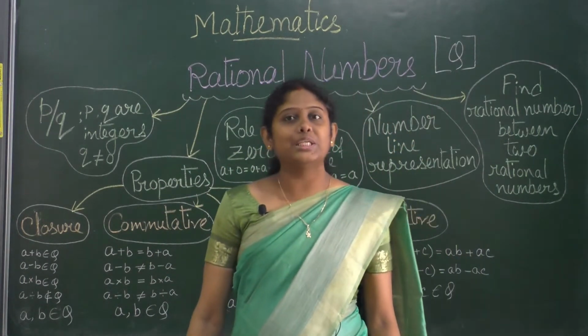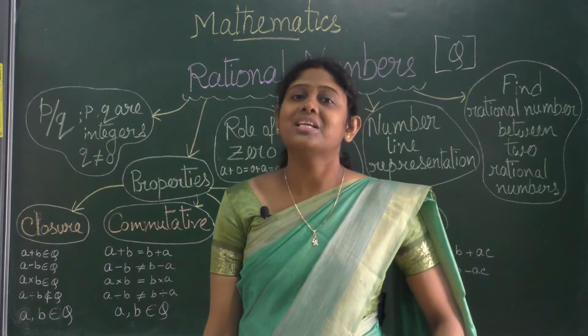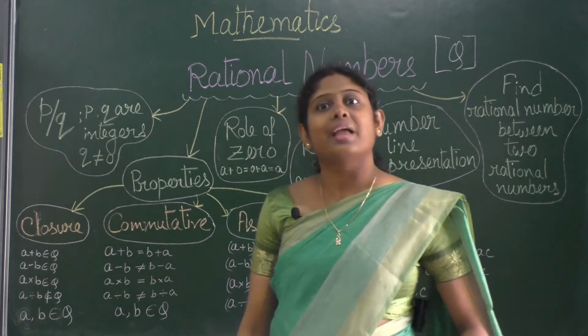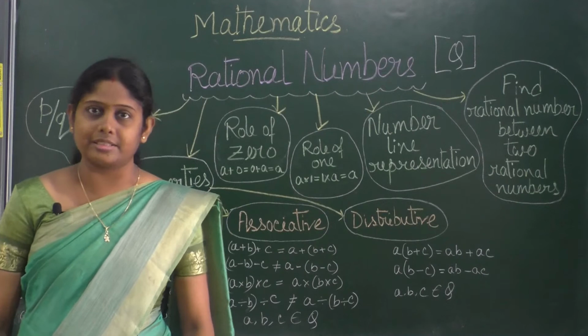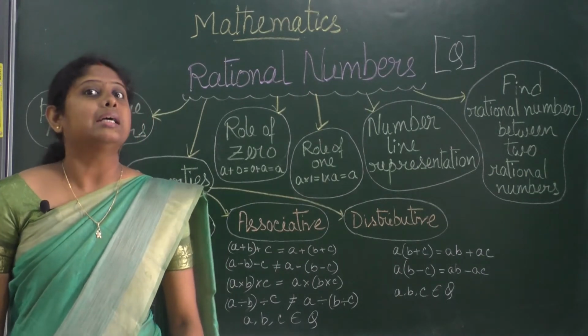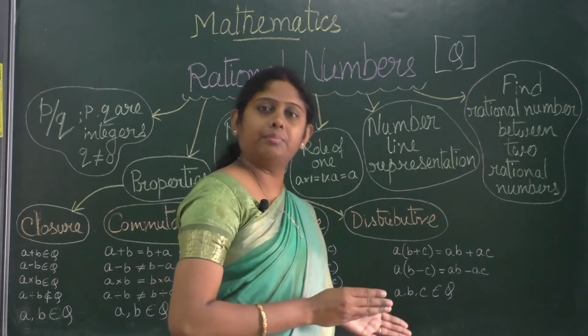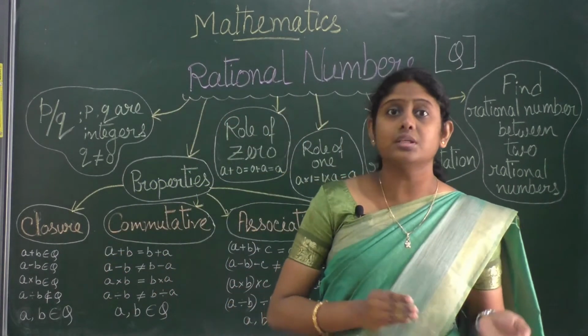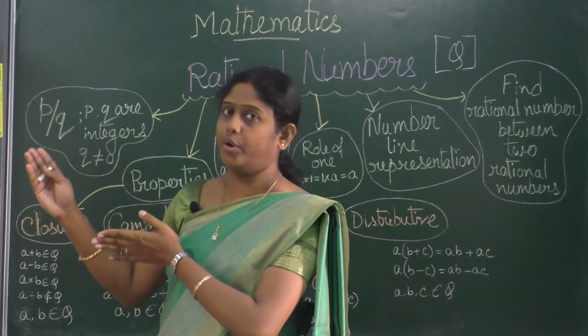Dear students, you already learned about the set of natural numbers, set of whole numbers and set of integers in your previous classes. The set of natural numbers means countable numbers. Examples: 1, 2, 3, 4 and so on.